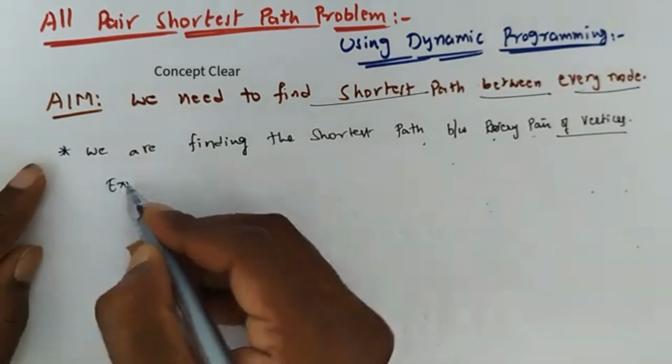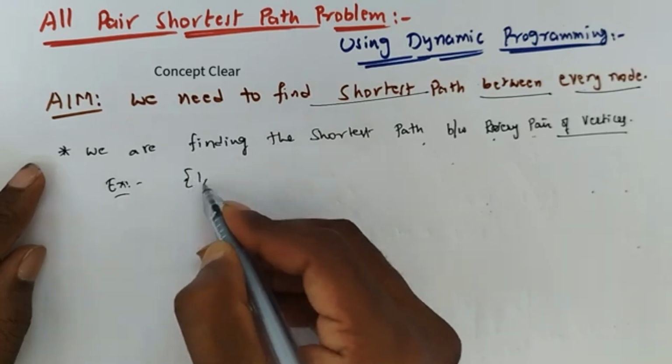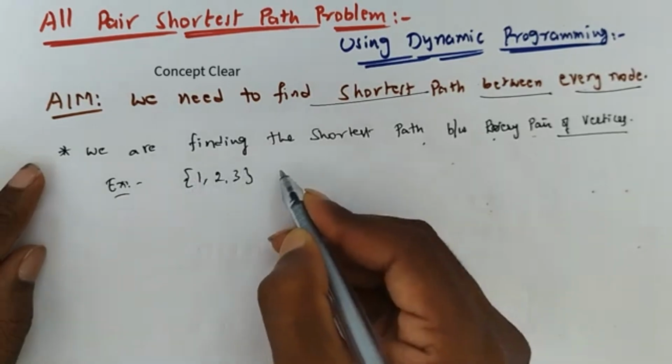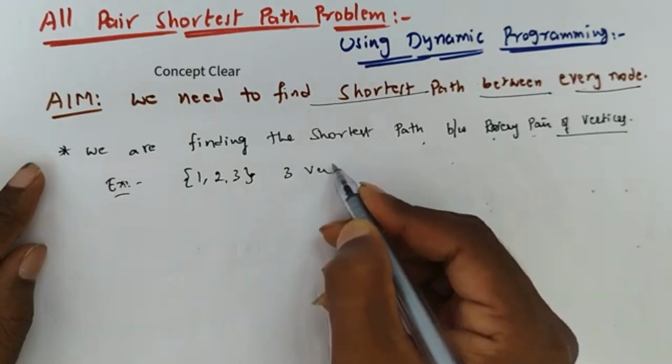For example, what is the meaning of every pair of vertices? For example, 1, 2, 3 is a set of values. It means 3 vertices.